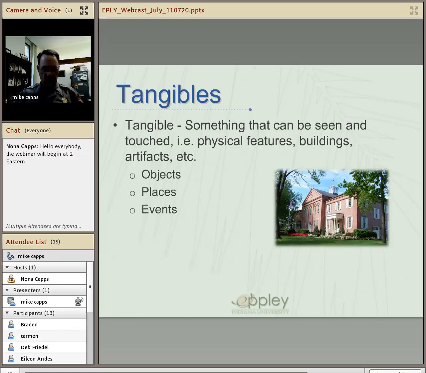Tangible resources can be places. Sometimes just being in a place where something of great significance occurred can have a transforming effect. I grew up reading an awful lot about the Civil War and reading about places like Antietam and Gettysburg. And through that reading, I learned a lot. I could tell you a lot of things about those particular events.